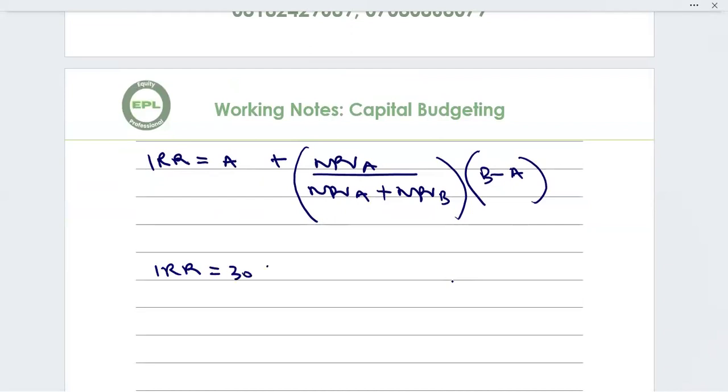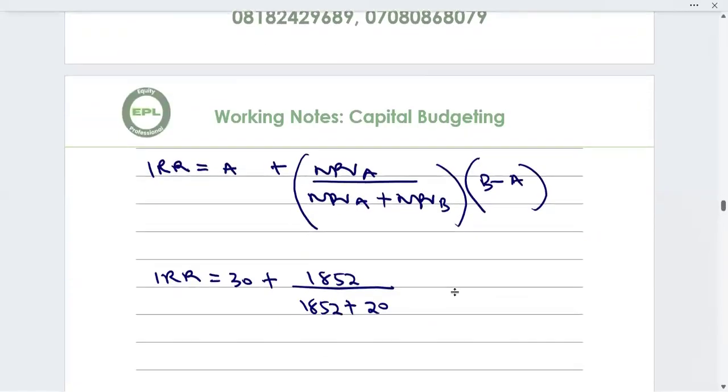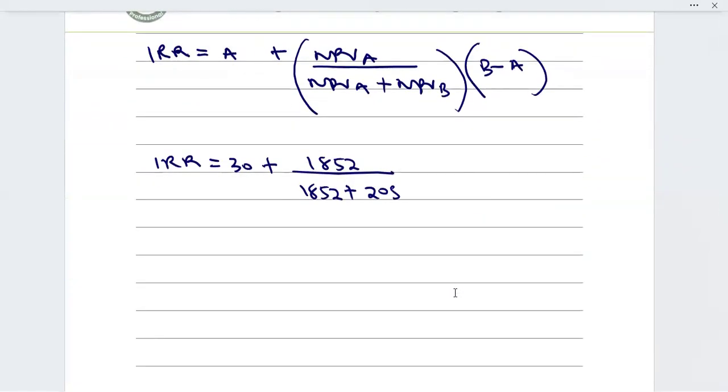So 30 plus NPV of the 30 is 1852 divided by 1852 plus NPV of higher, 2087, multiplied by higher of 35 minus lower of 30. Final answer, what do you get?